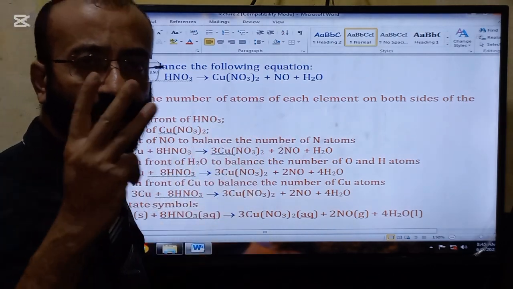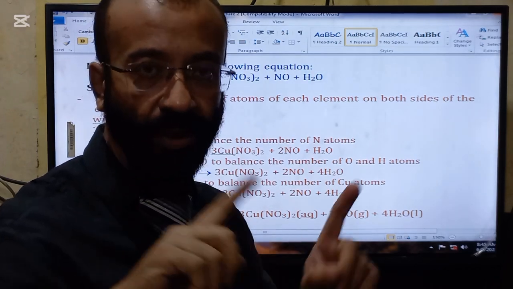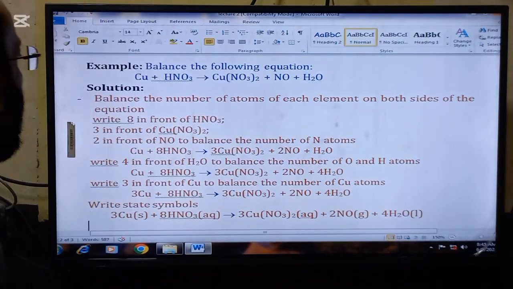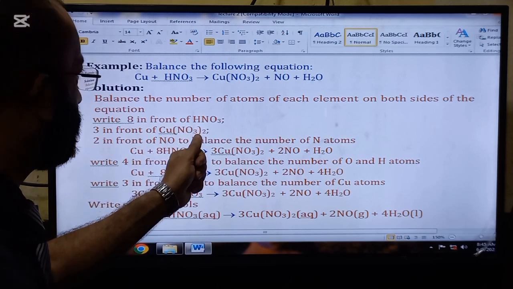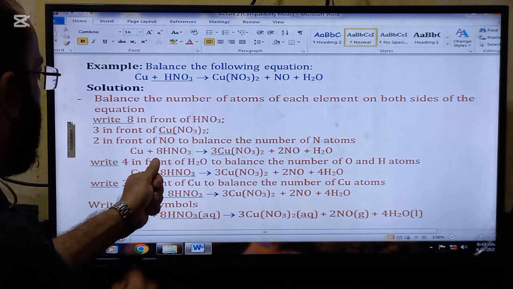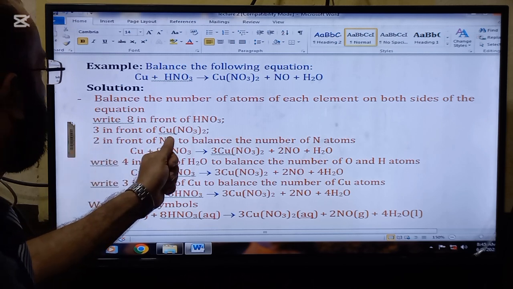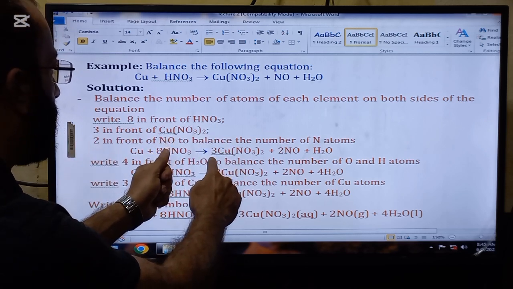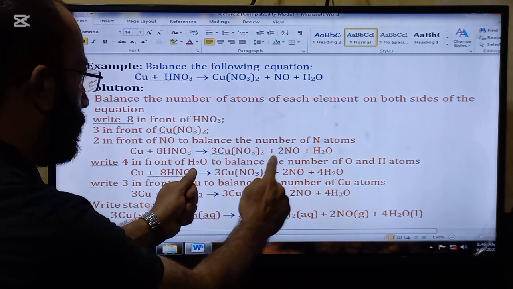So we will start from the third step, that is balance the number of the atoms of each element on both sides. So look now, write 8 in front of HNO3. So here is HNO3, we have written 8 in front of HNO3, 3 in front of copper nitrate, so this is 3, and 2 in front of NO, and here is 2.